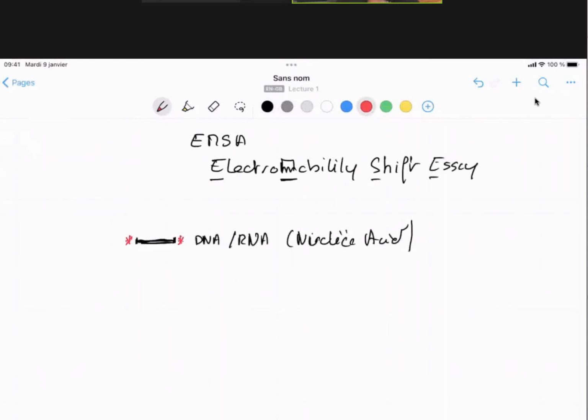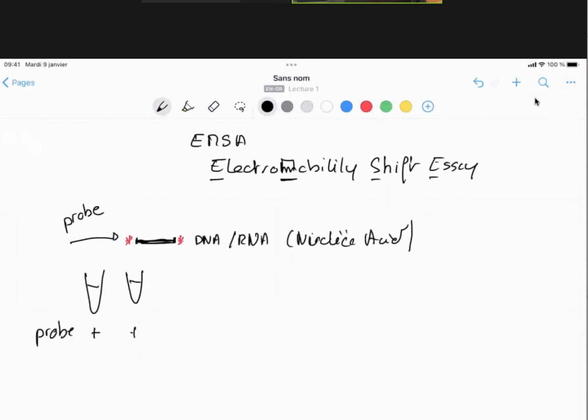Then the experiment is like that. You have one first tube and a second one. In the first one, this fragment of RNA, we call it the probe. So first experiment, you put only the probe.